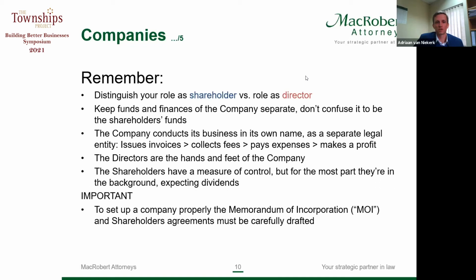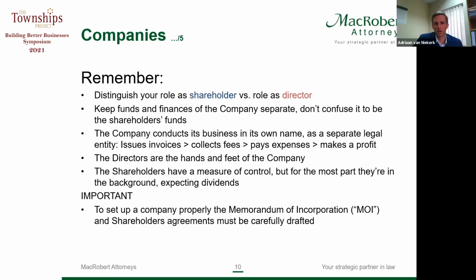The moment you start dealing with more than one shareholder, it's very important to make sure that your company documents are in order. A shareholders agreement is the primary document that will regulate the relationship between the shareholders. And equally important is the memorandum of incorporation. That's basically the provisions of the Act to a large extent, and there are many provisions there that regulate the relationship of the shareholders.